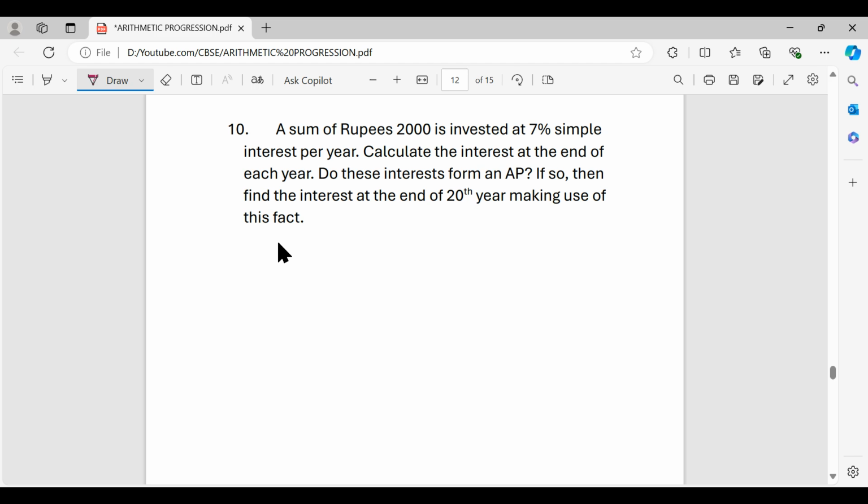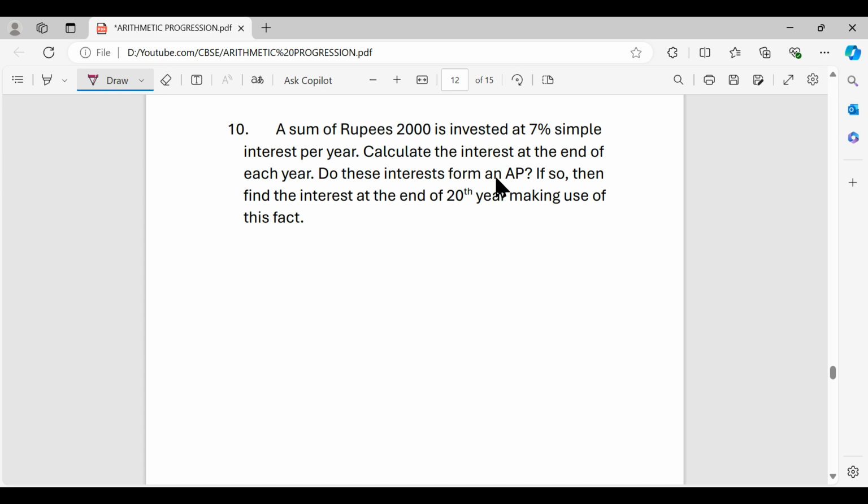Okay, so what do we do now? When you say that something is in AP, the common difference is always the same, right? It says a sum of rupees 2000 is invested at simple interest 7% per year.